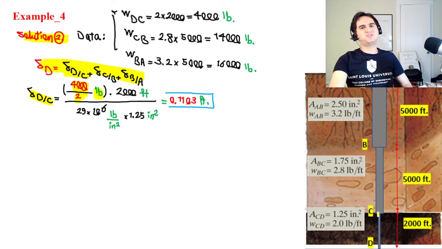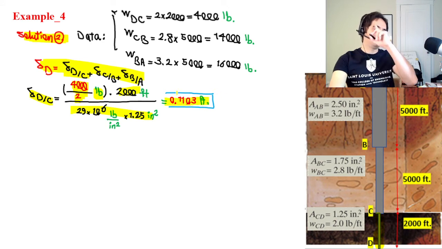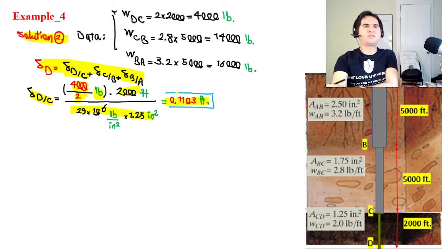We just convert a distributed load of W to a concentrated load of W over 2 at the end of that section. So that's nothing but 4000 over 2 pounds times L over EA, and if you do so, it gives a numeric value of 0.1103 feet.